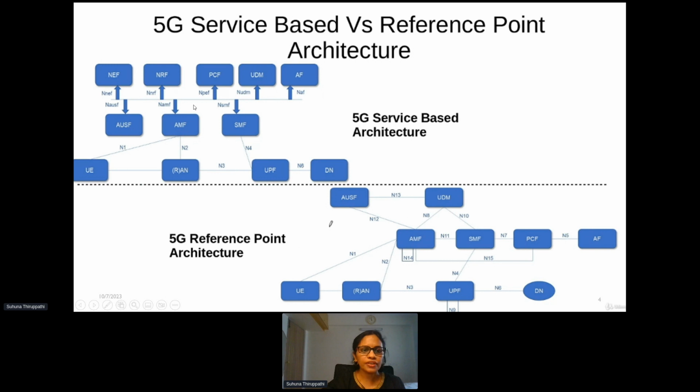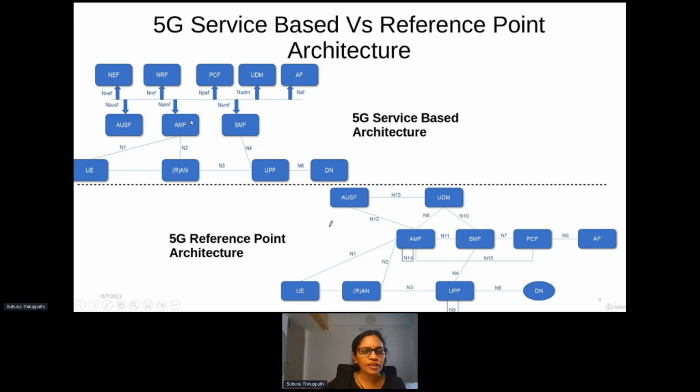But when it comes to 5G, we are leveraging the pub-sub model, the publisher and subscriber model. For example, the network exposure function wants to talk to AMF. The network exposure function exposes the interface called Nnef, and the AMF exposes the Namf interface. Suppose NEF wants to talk to AMF: first it will subscribe to the services provided by AMF.